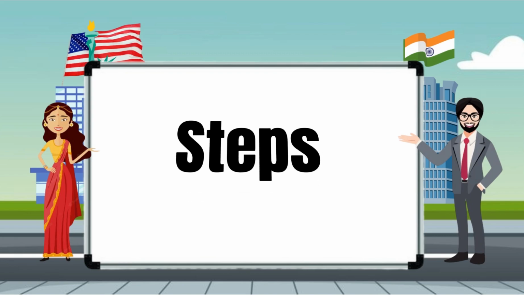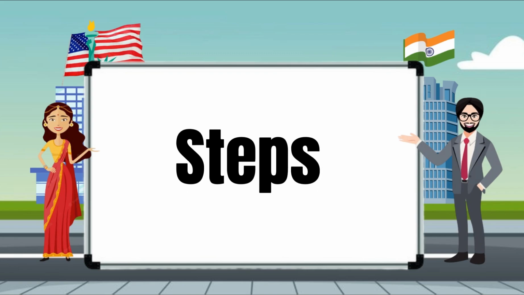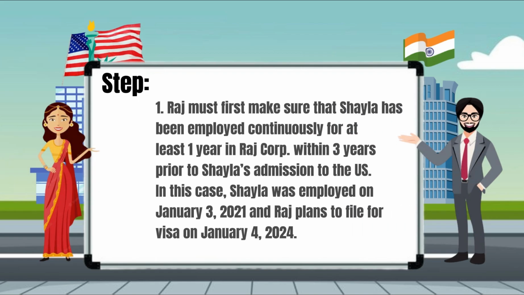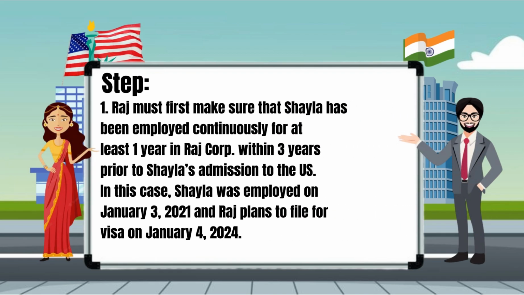And here are some of the steps Raj and Shaila will need to take for the L1 visa. First, Raj must make sure that Shaila has been employed continuously for at least 1 year in Raj Corp within 3 years prior to Shaila's admission to the US.